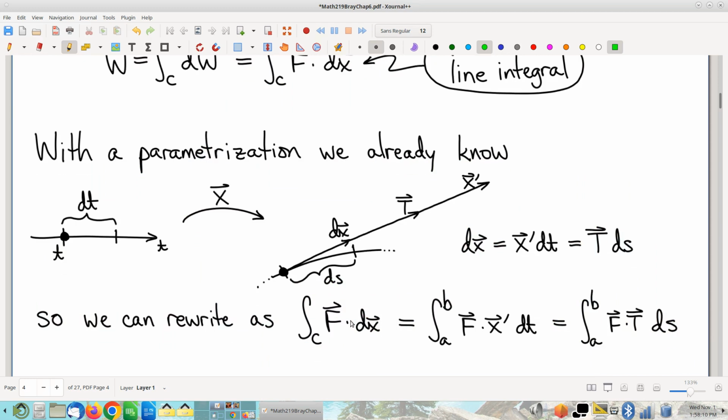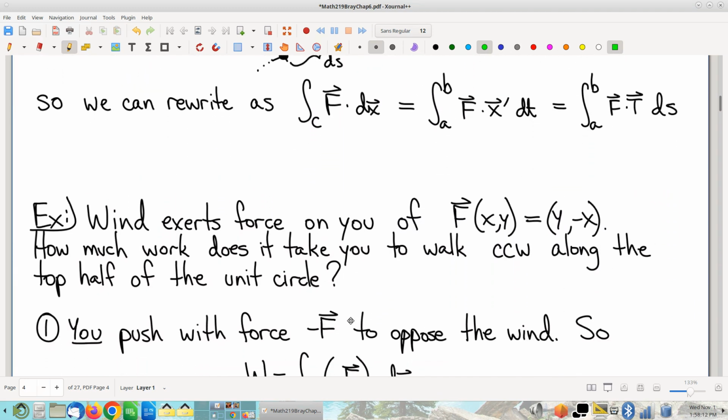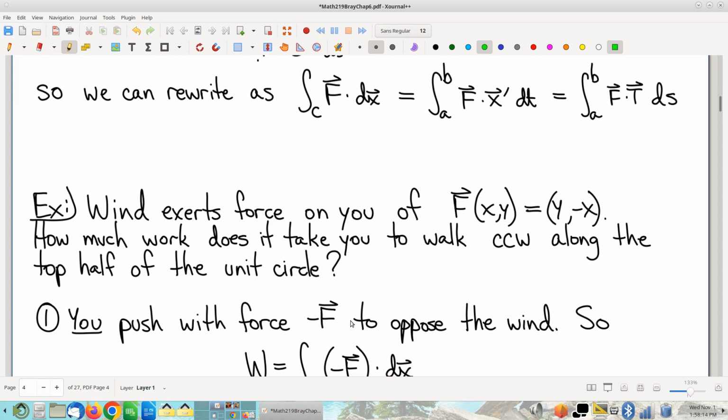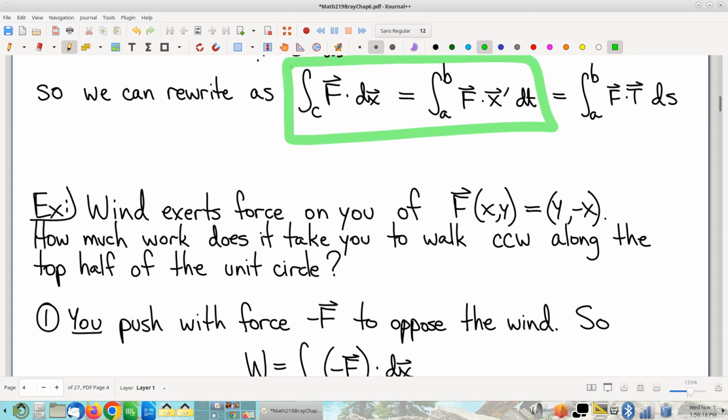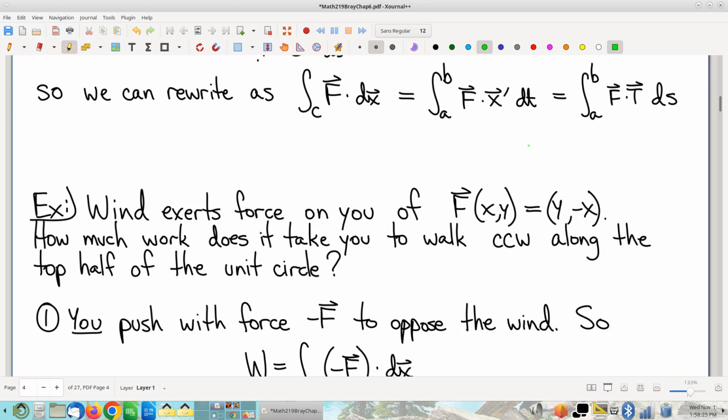Okay, so there we go. We have some formulas, and now we're ready to start plugging and chugging. As you could probably gather from what I just said, we're going to be using these two mostly. So here we go. The question is, we've got wind blowing on us.